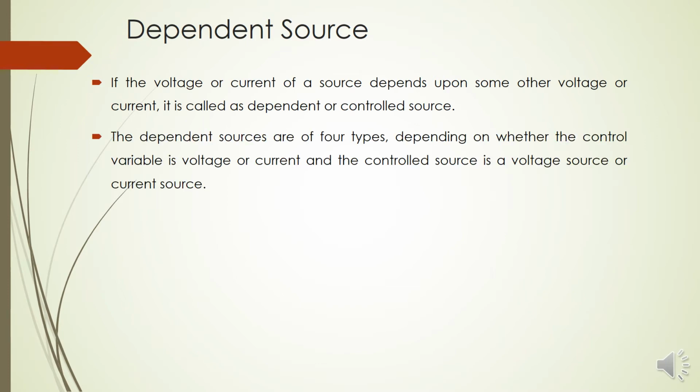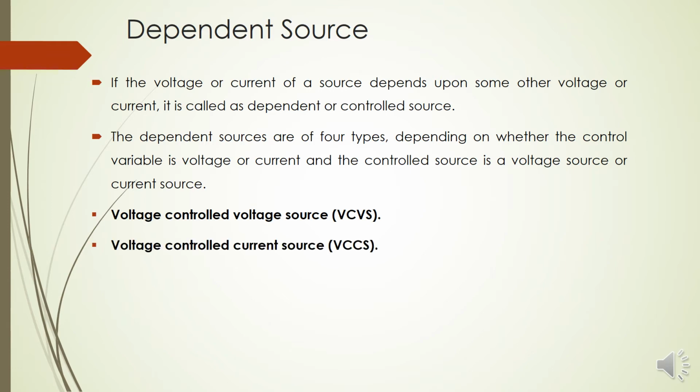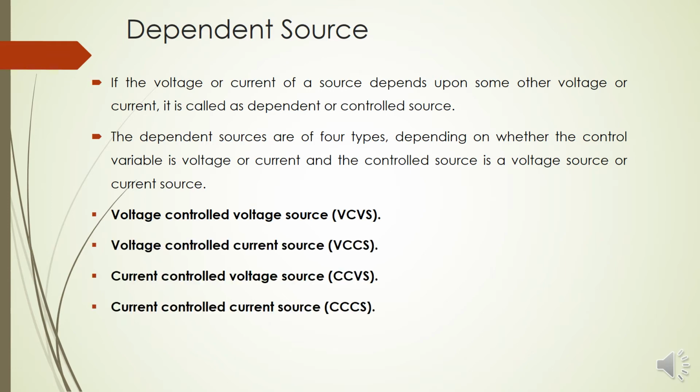The dependent sources are of four types, depending on whether the control variable is voltage or current and whether the controlled source is a voltage source or current source. As we have seen earlier: voltage controlled voltage source, voltage controlled current source, current controlled voltage source, current controlled current source.